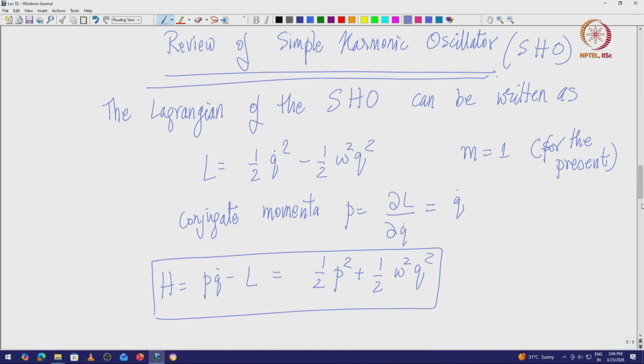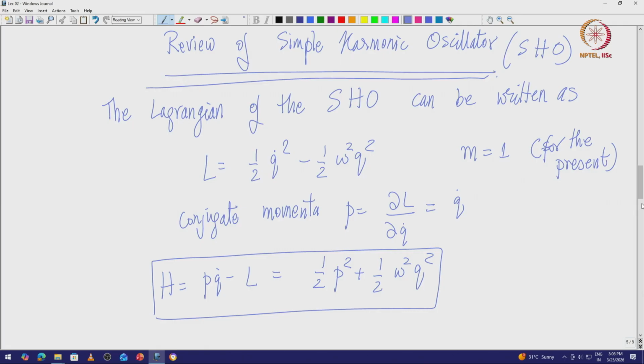Essentially, sometimes we write it as half k x square, but I wrote it in terms of the generalized coordinate instead of x, and half m x dot square likewise. Because we write it in terms of the canonical variable or the generalized variable, we wrote it in this way.